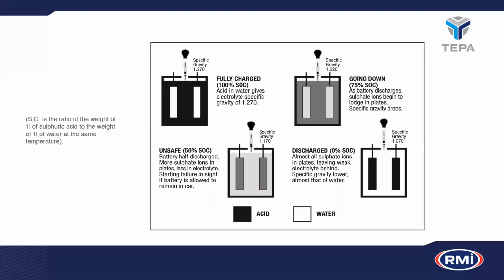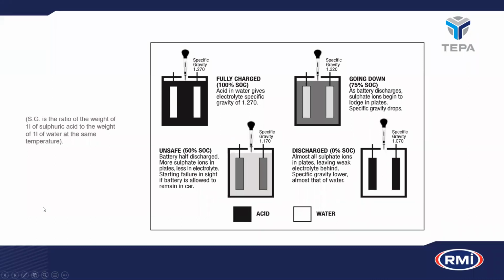So the dilute is completely incorrect now, and the electrolyte cannot perform the function of creating the chemical transfer between the sponge lead and the lead dioxide in the process of generating the current for your battery.